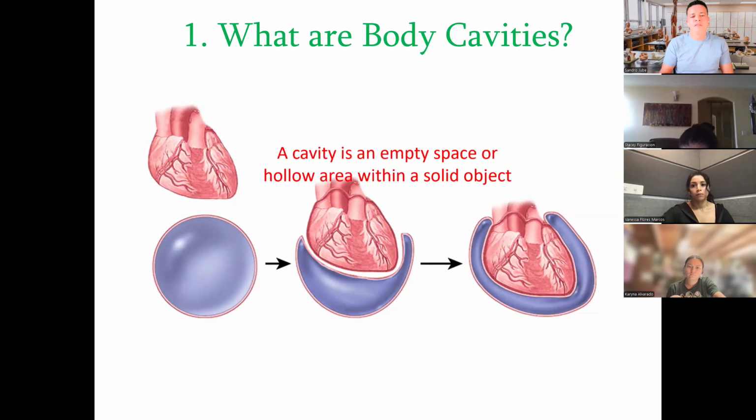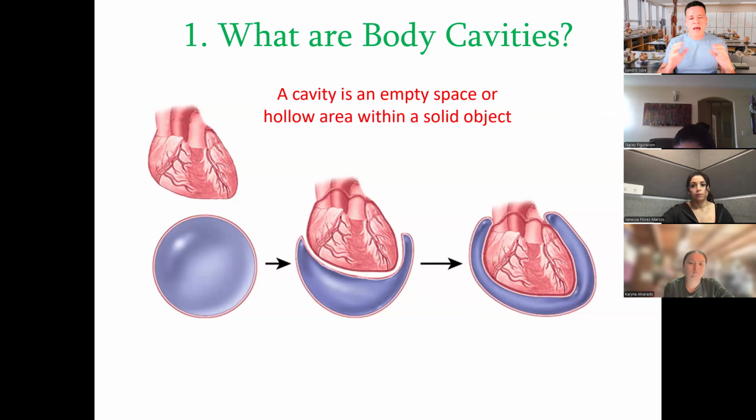Oftentimes, those cavities are covered by a membrane. For example, the cavity surrounding our heart has a membrane called the pericardial membrane, and this membrane is a double-layered membrane.